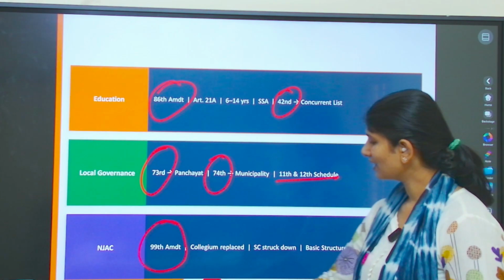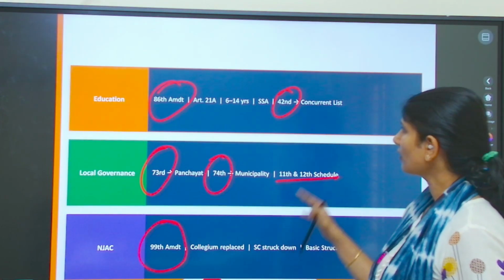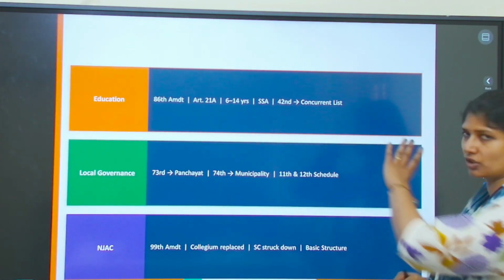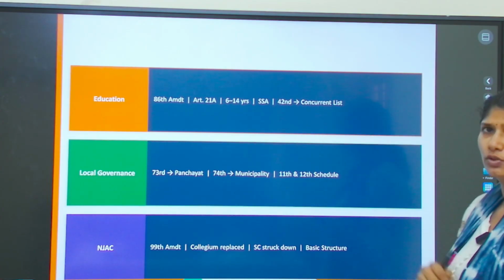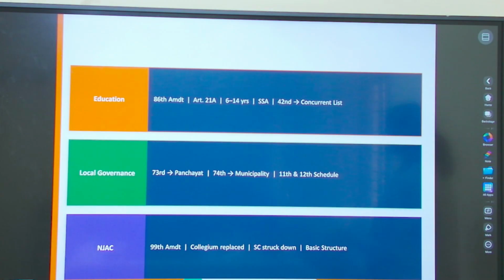So this is how you have to do it. Okay, look at this, a rough structure: topic, amendment, what it did, background. Okay, just have a look at this.